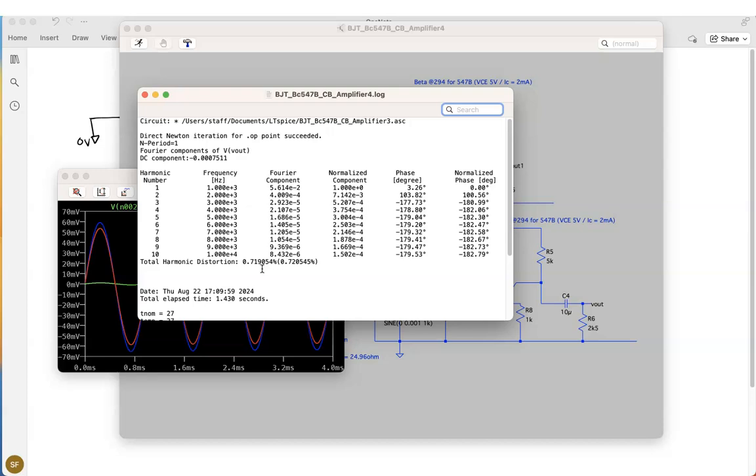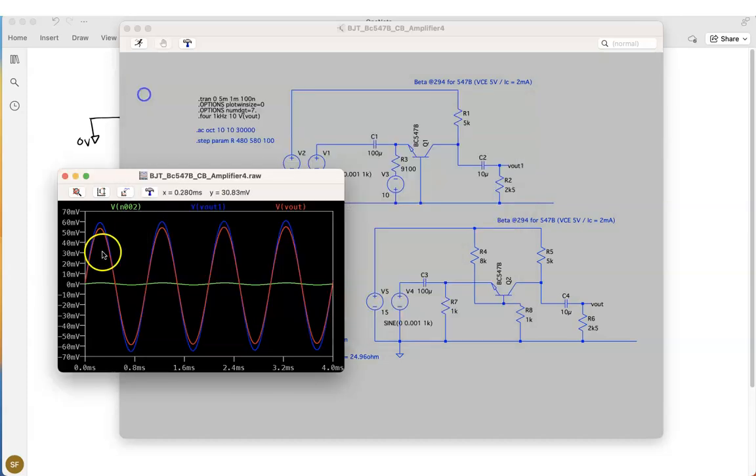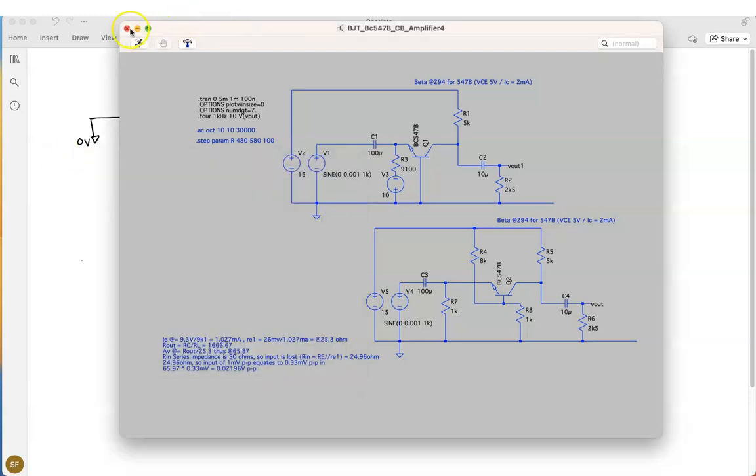We've improved it, but obviously we are lowering the gain a little bit, but hey ho, that's okay. So hopefully you can understand a little bit more about common base amplifiers and the configurations, and how we've been able to add a different sort of forward bias arrangement across this junction to get the transistor into the active region.